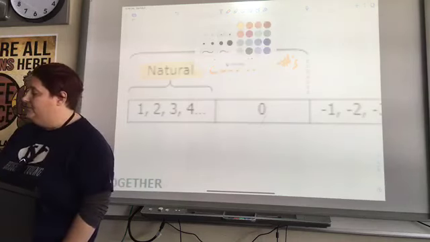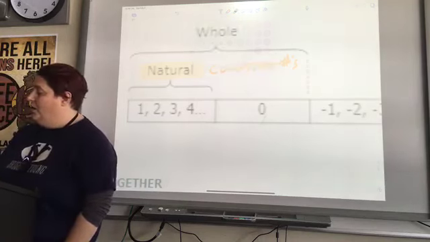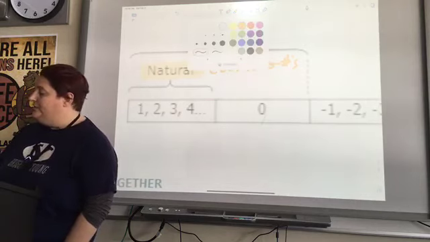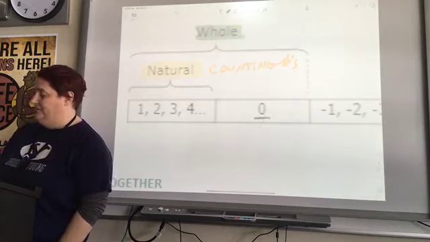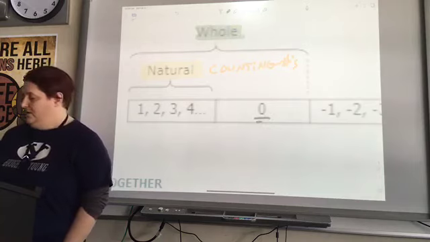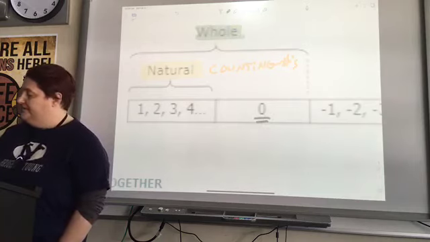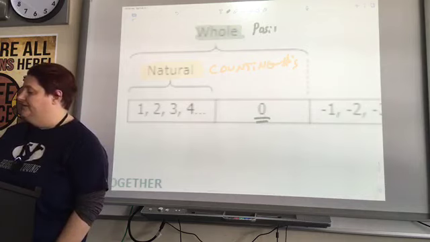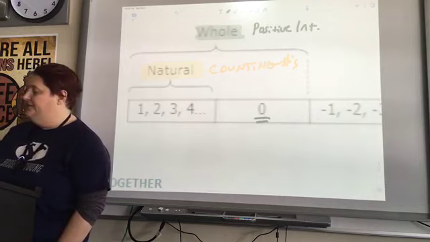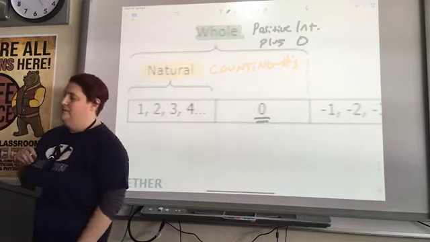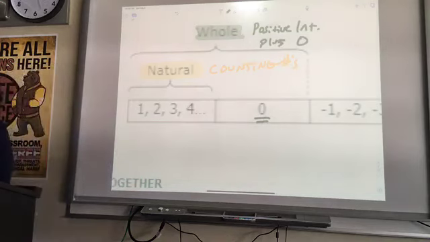Your next set of numbers is your whole numbers. And the whole numbers, the only difference is it adds 0. Okay? So whole numbers is all the positive integers, plus 0. Okay? And then that makes it a whole number. So that's all the difference between those two is whether it includes 0 or not. Okay?